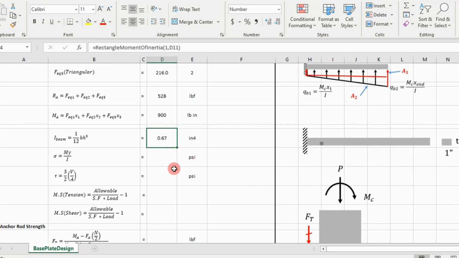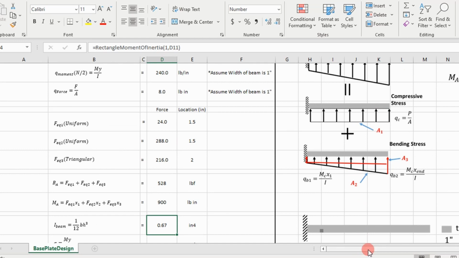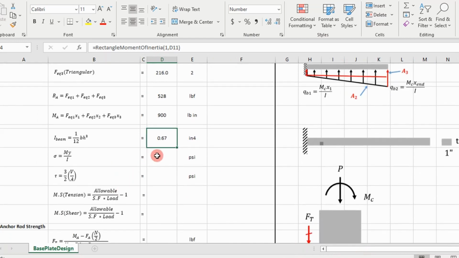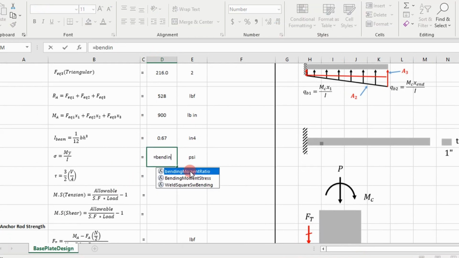So the next thing we want to do is calculate our bending stress on this bottom element. You can see here that our bottom element, due to these forces, is going to be in tension. So we simply use the bending moment stress equation function, VBA function, which is defined by these equations. I wrote the equations out to the side in case you didn't know, but there they are.